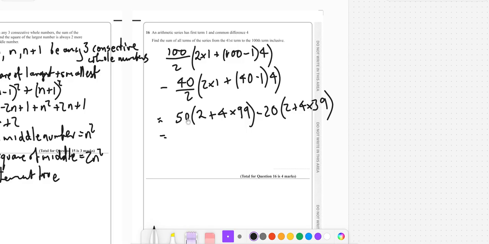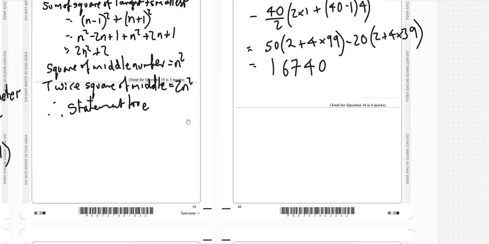And work out that is 16740. Okay, next row done. So it must be about 2/3 of the way there.